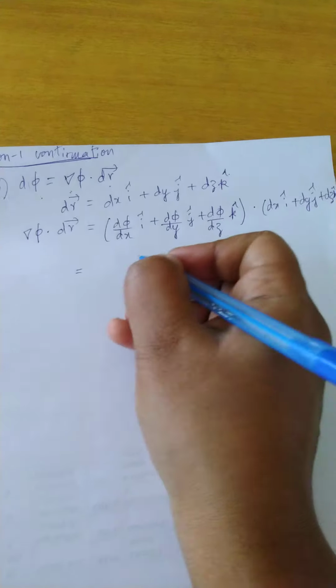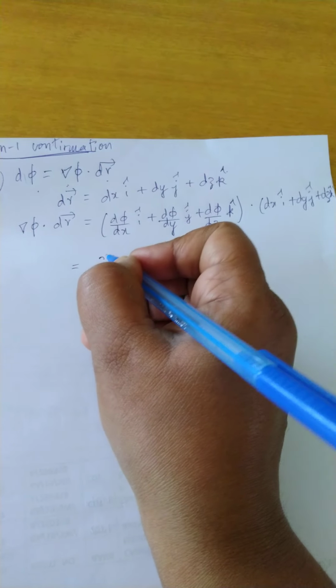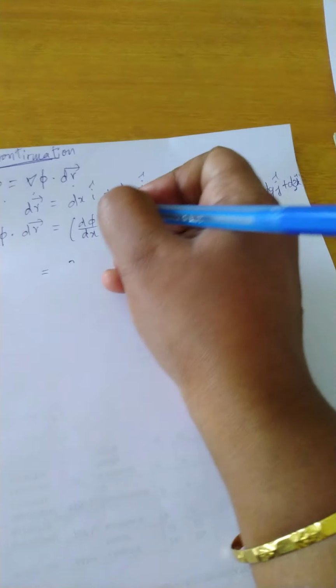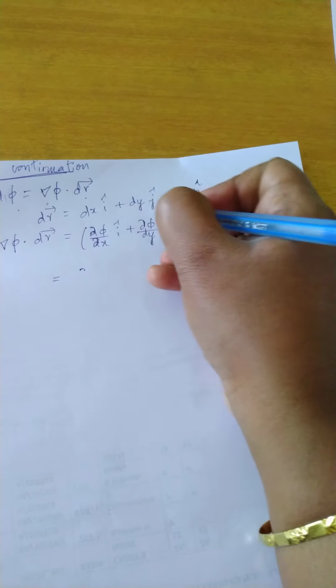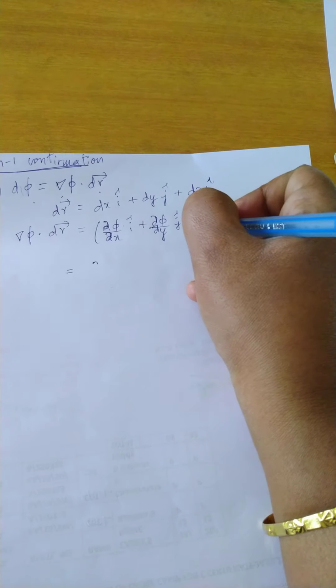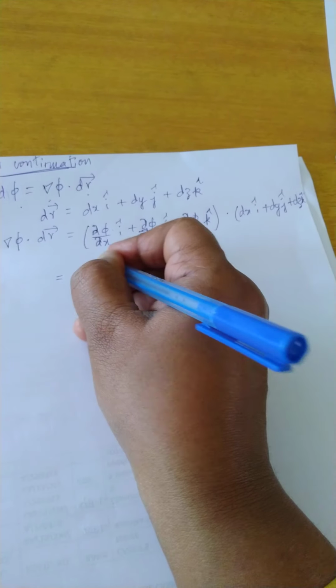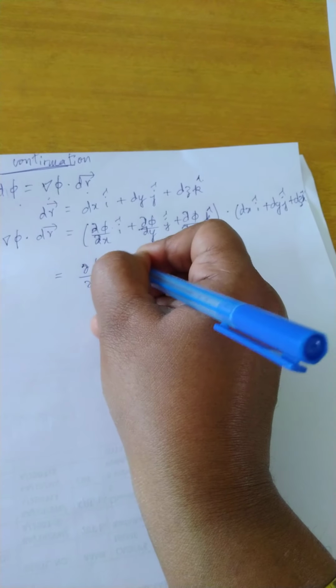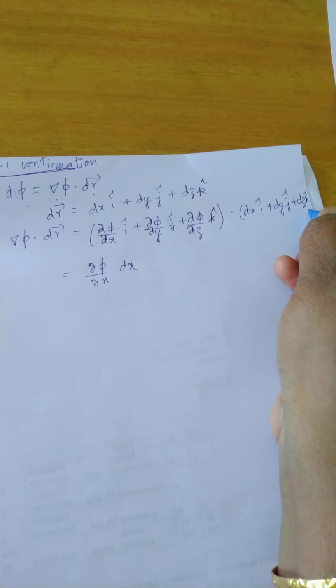So the dot product of these two, what am I going to get? It is not d phi, it is grad phi. So dou phi by dou x, dou phi by dou y, and dou phi by dou z. Dou phi by dou x into dx, i cap dot i cap becomes 1, whereas i cap with all the other terms will be 0.